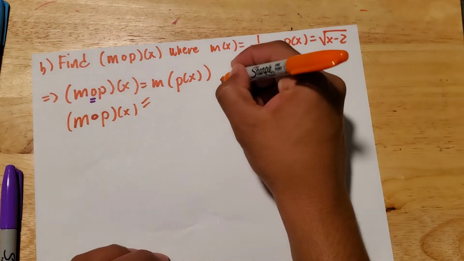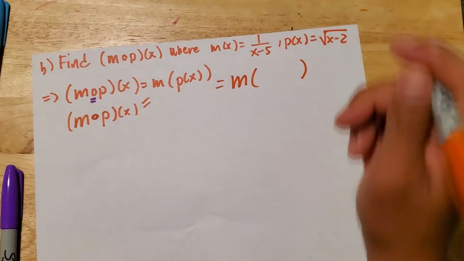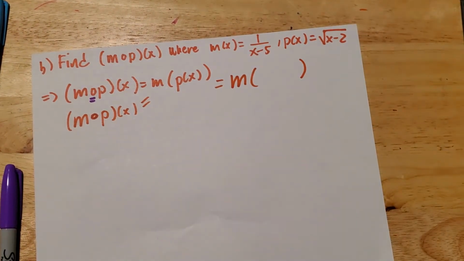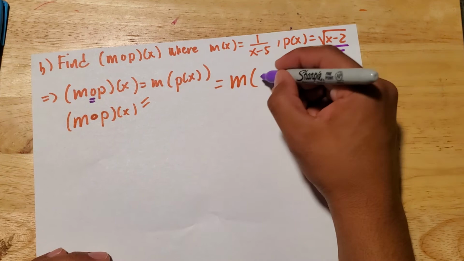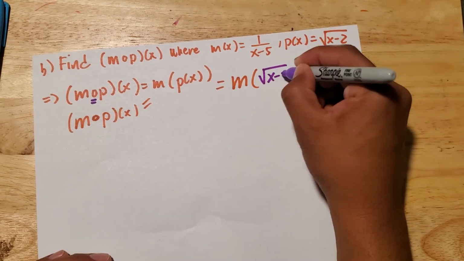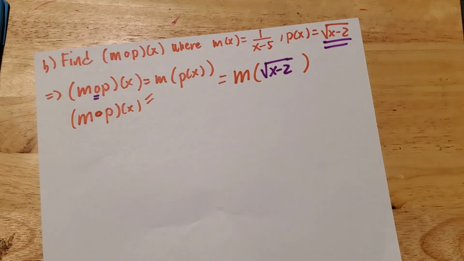So what's going to happen here is where I have my p of x, it's going to be replaced by the square root of x minus 2, because I'm plugging p of x into m of x.